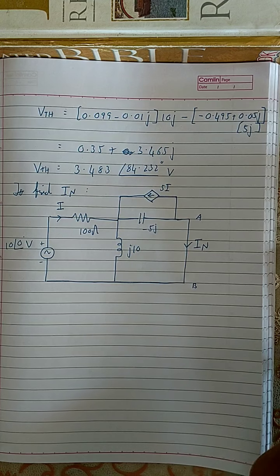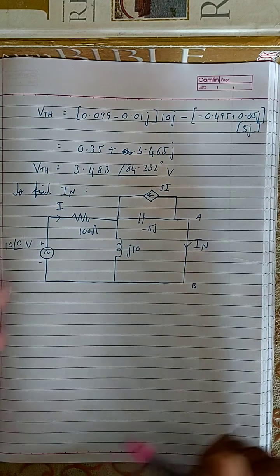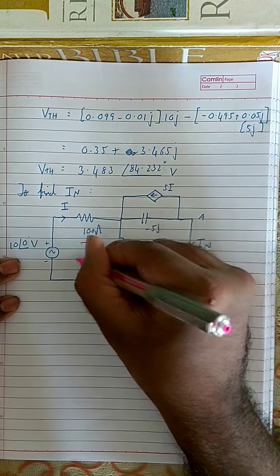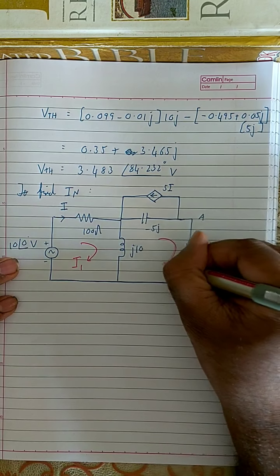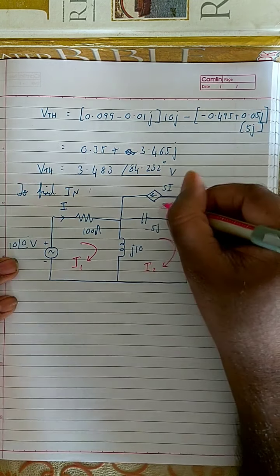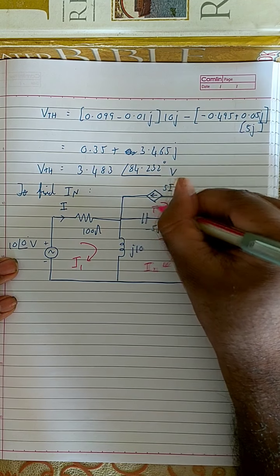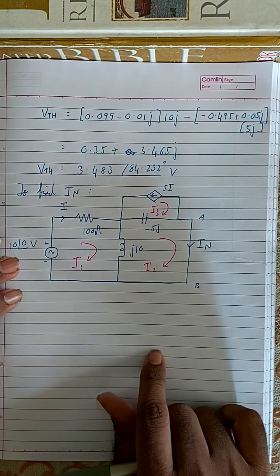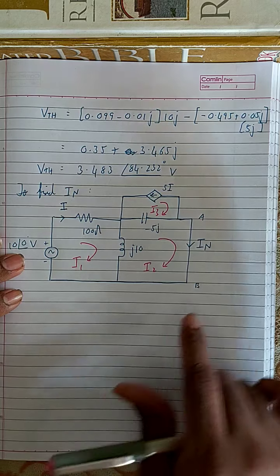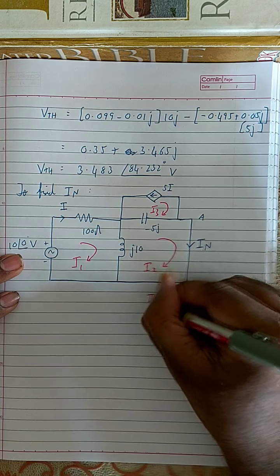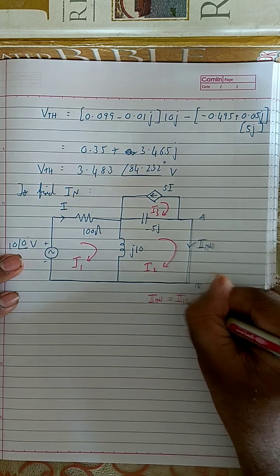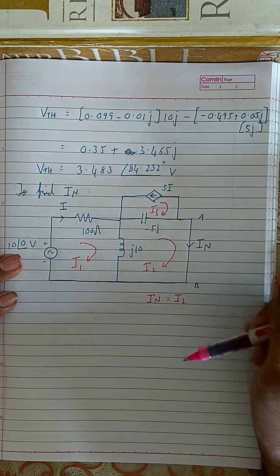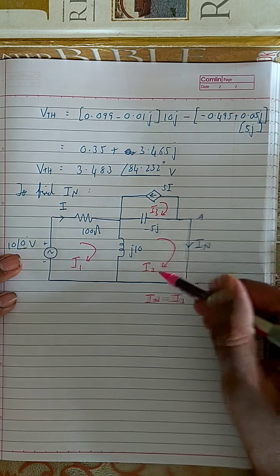If I mark the mesh currents, this is I1, this is I2, and let this be I3. So now if you want to find IN, you need to find the value of I2, right? Because the current through this branch is IN, and also the current through the same branch is called I2.